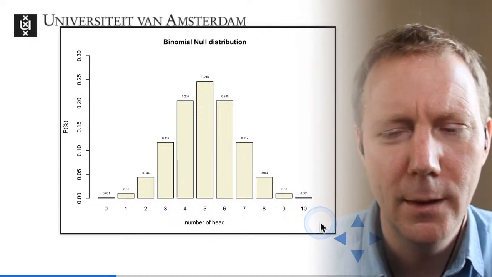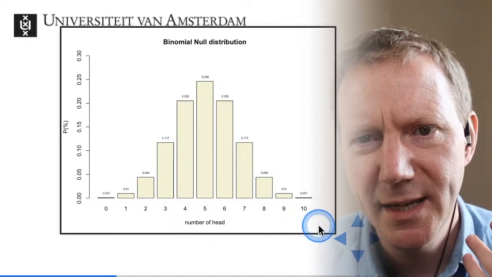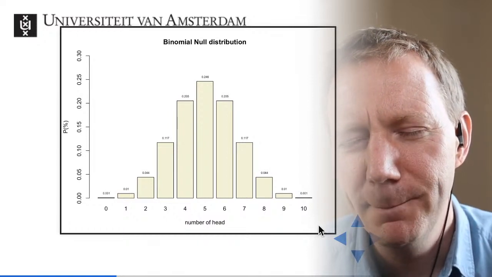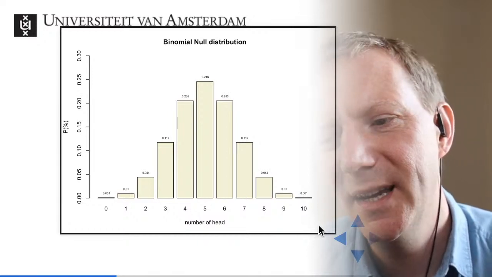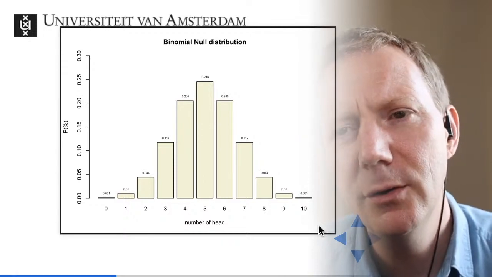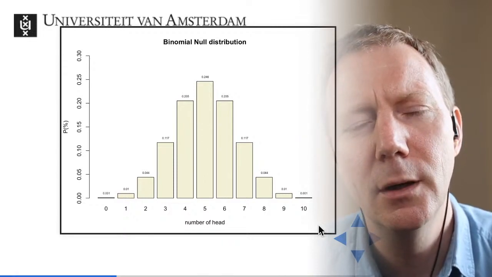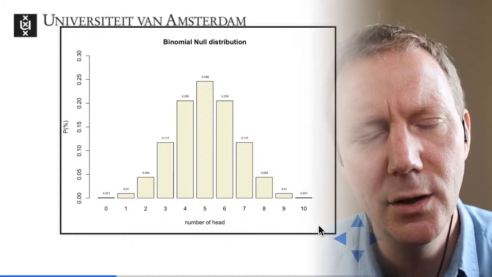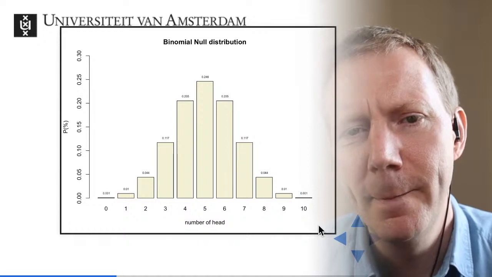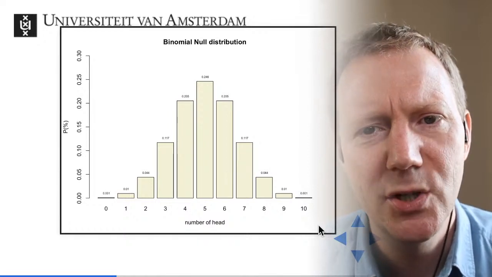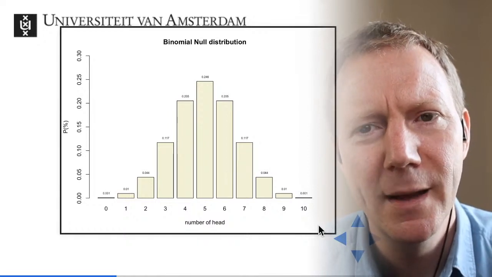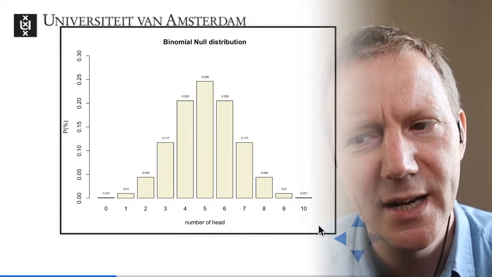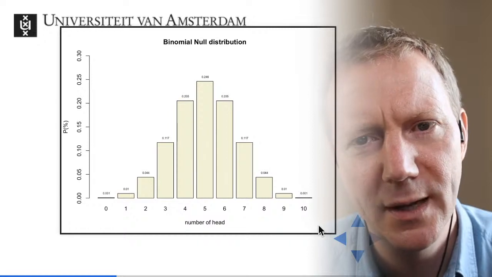So, as I said last week, even under normal circumstances, under the assumption that the null is true, that you have a balanced coin, it happens that you throw 0 times head, and it happens that you throw 10 times head.